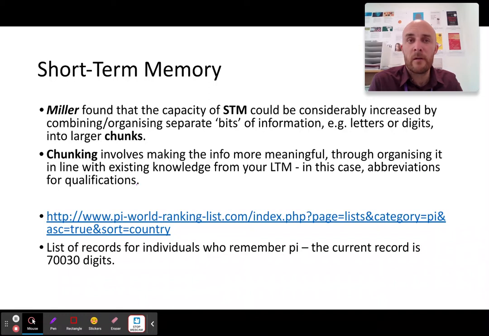So instead of remembering 5, 6, 2, 1, why not remember 5621? You're chunking them together, and 56 would be counted as one number. So why not combine them all? And actually, it has been found that if you chunk information, you can remember it a lot more meaningfully.